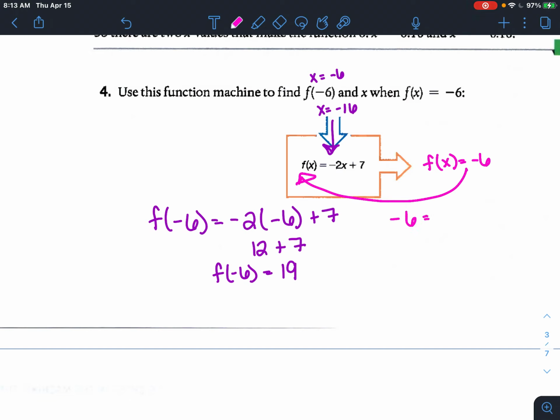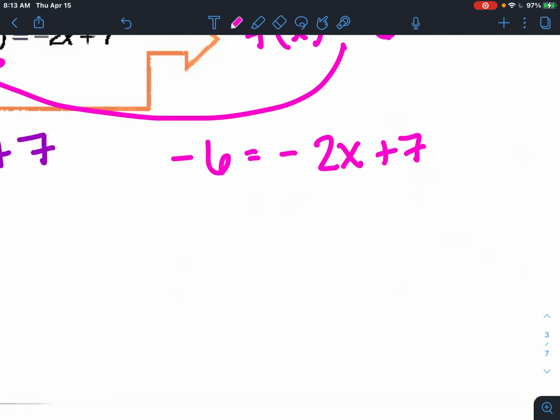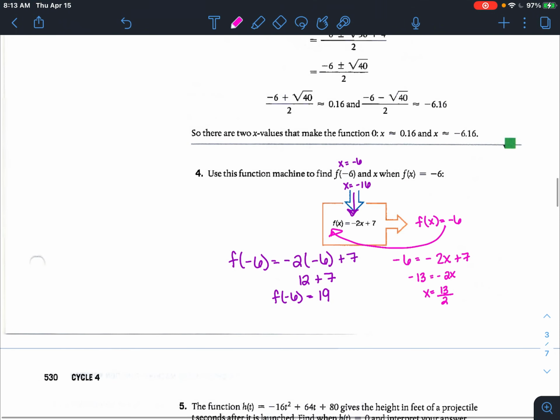So negative 6 equals negative 2x plus 7, and I solve for x. So subtract 7 from both sides. I'd have negative 13 equals negative 2x. Divide by negative 2 on both sides, so x will equal 13 halves. Okay, so it's two totally separate problems there.